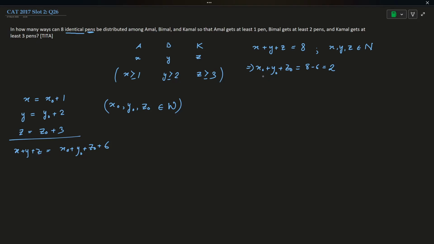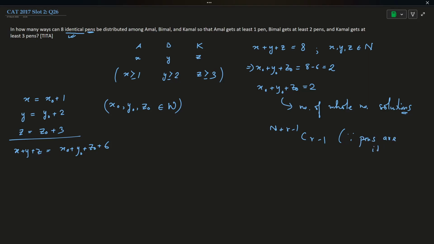So in how many ways can you solve this? Basically now I have to solve this equation. X naught plus Y naught plus Z naught is equal to 2, and I need to find the number of whole number solutions. So the number of whole number solutions is given by n plus r minus 1 C r minus 1. Why? This can be used since the pens are identical.